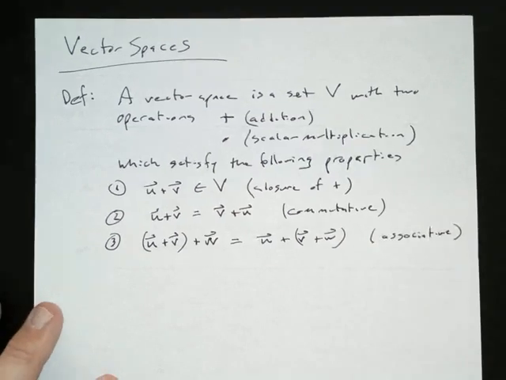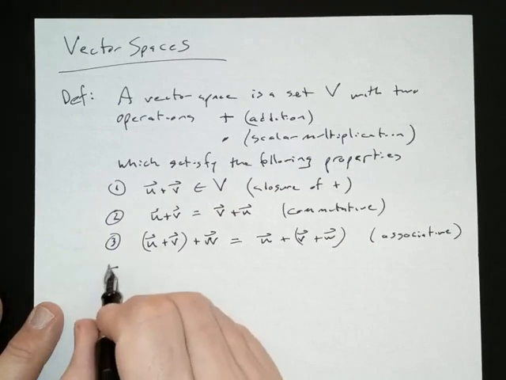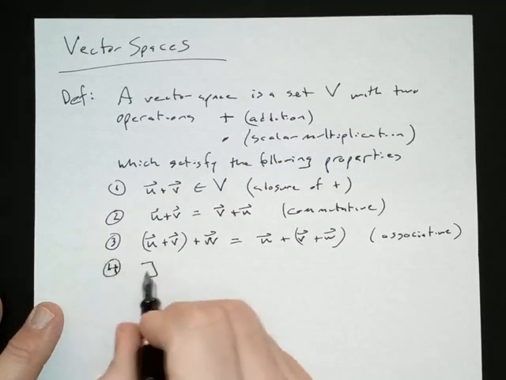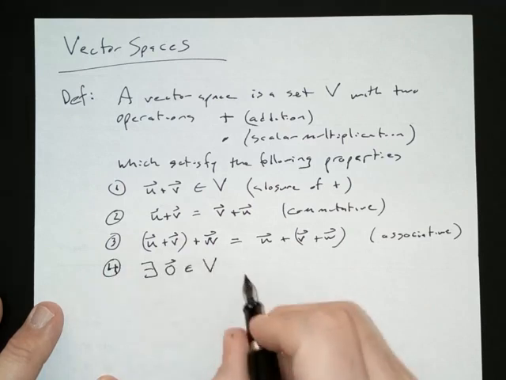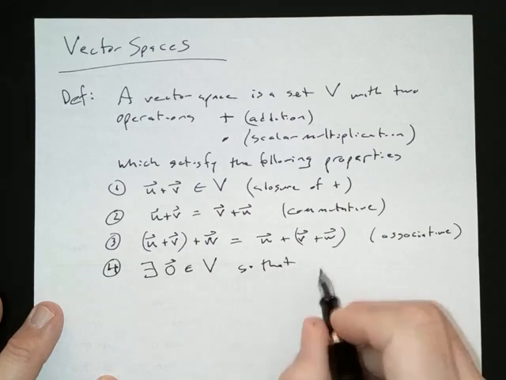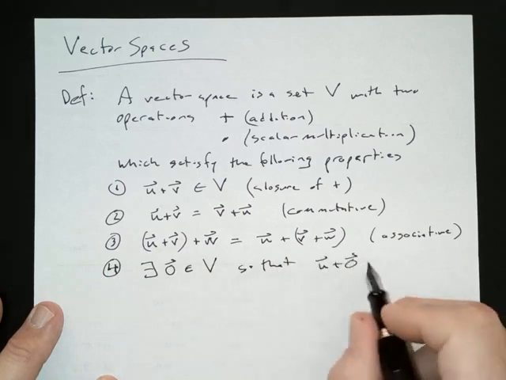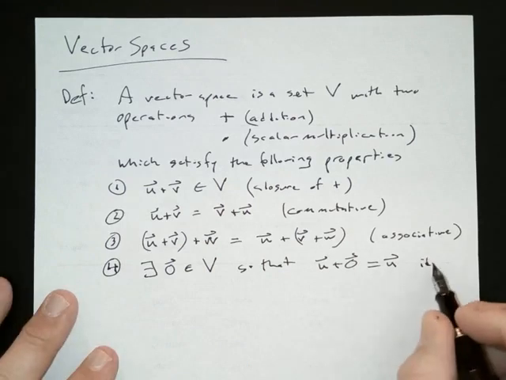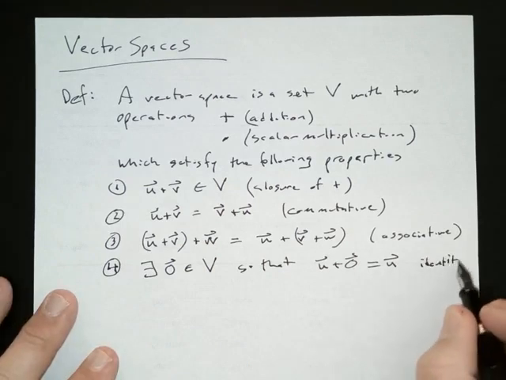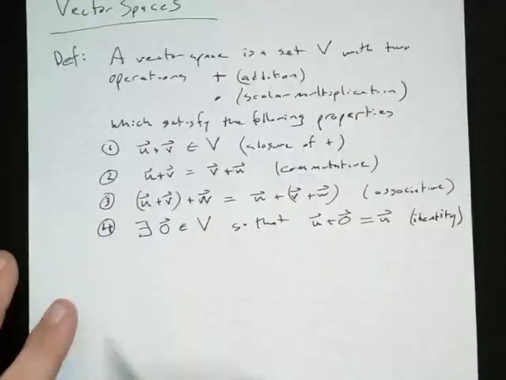I want there to be an identity element for addition. Number 4, there exists a thing I will call 0 in the set V so that u plus this 0 thing is again u. So there is an additive identity. And as soon as I have the idea of identity, I want to have the idea of an inverse.